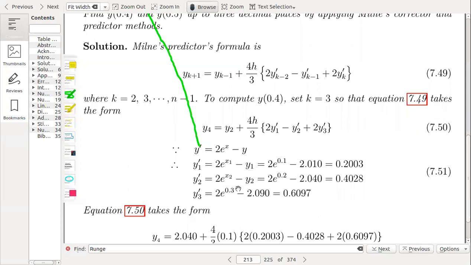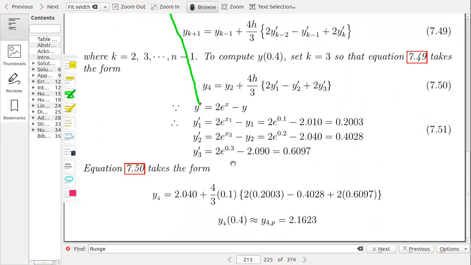Similarly, we can compute y2 prime and then y3 prime. Then the equation takes the form, we are just substituting the values, and y4 at 0.4 is approximately equal to 2.1623.